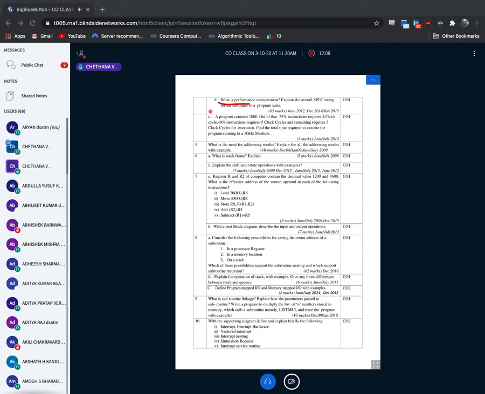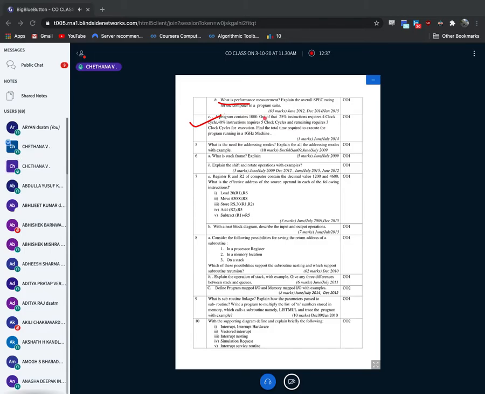Then for 4C, we have already solved it, I have already solved it in the class. That same problem we discussed with all the values kept inside the formula. Which formula have we used? T is equal to N into S divided by R, right? So for that we have incorporated all the values.